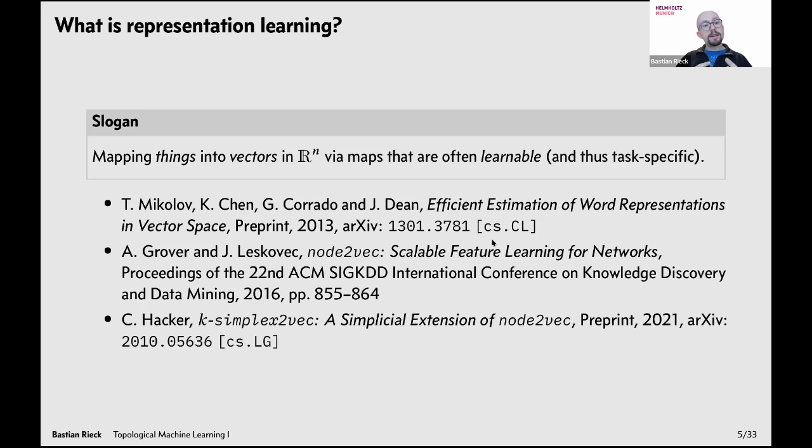And so you can see that the slogan of saying that we map things into vectors is indeed true, because the things can be either words or texts, they can be graphs or networks, or they can even be simplicial complexes. And of course, the list could go on and on. So, I mean, this is by no means a complete list. My colleague Mustafa has work on combinatorial complexes and CW complexes and how to embed those and how to solve learning tasks from those. I'm mentioning those here because they form kind of a basis of what one can do in this realm.